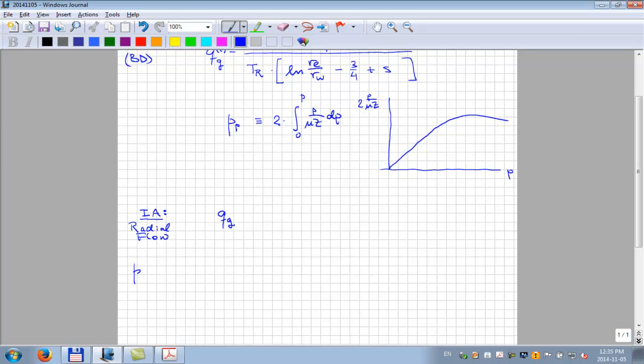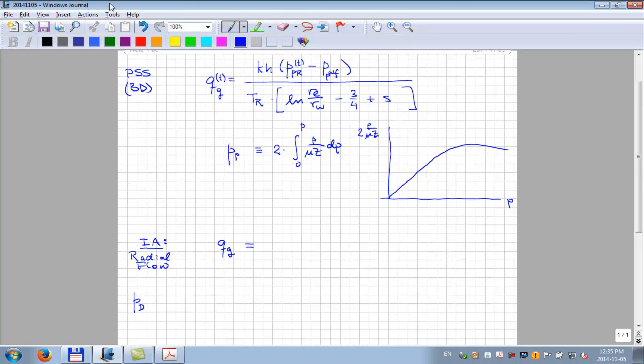And in that case, the dimensionless pressure, this equation looks just the same, except now we use pseudo pressure at initial conditions, which is a constant, minus flowing bottom hole pseudo pressure, and that's a function of time.